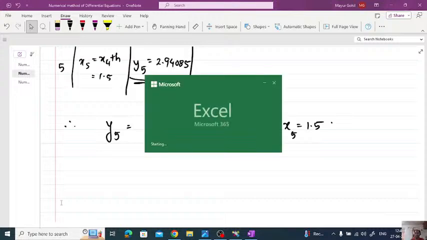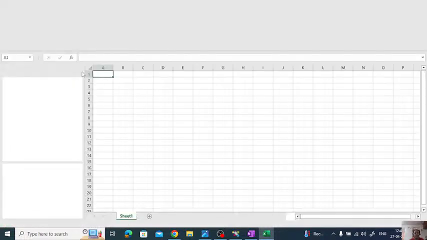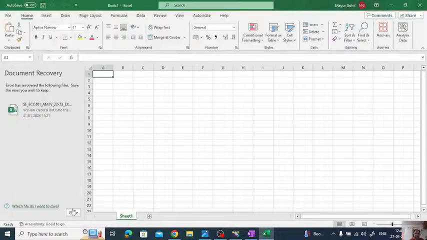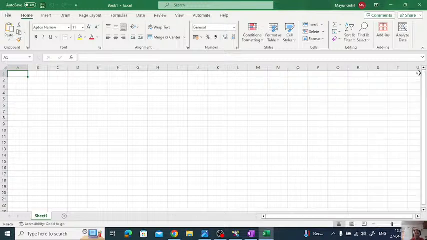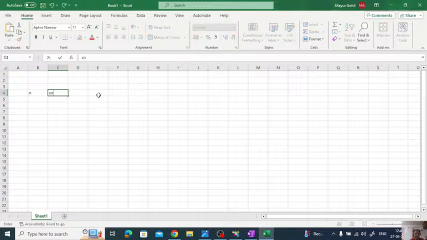Once you see on Excel how this works, you will realize it. So here is your n, here is your xn, yn, and then there is h, then there is f of xn, yn. I'm just writing it for some time right now over here.